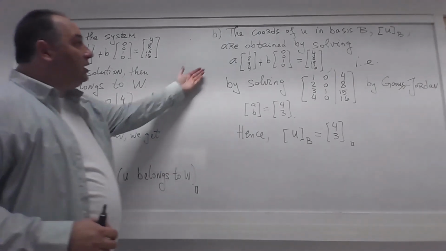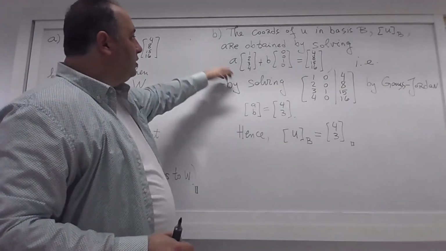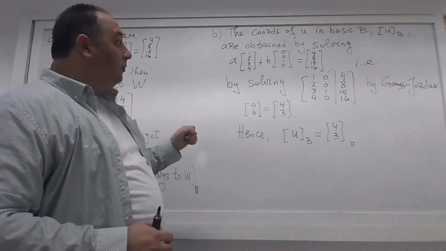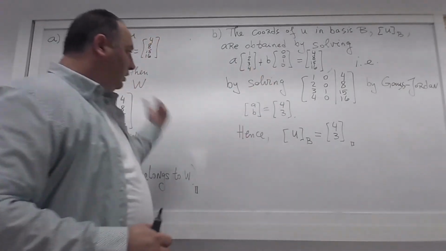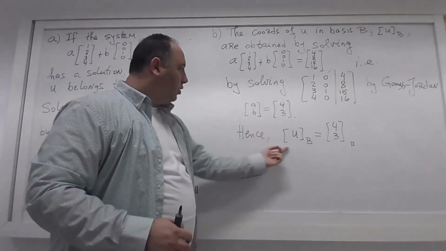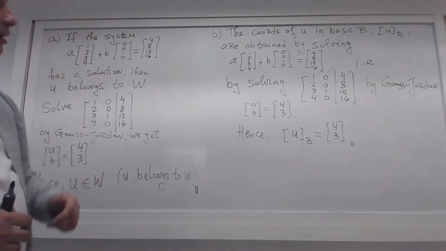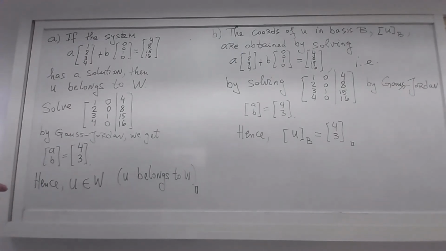To find the coordinates of u in basis B, well, these are two vectors from basis B. That's easy also, because we need to solve practically the same system that we just solved, and the coordinates will be 4 and 3. So now we need to see what are the coordinates of u in basis C.